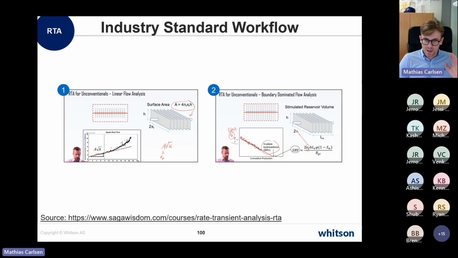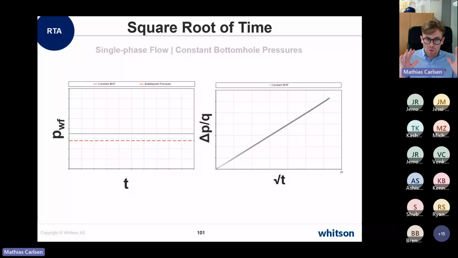And again, it's introduced to try to solve the inherent problems with the industry standard workflows, which is the following. When you're dealing with a well, you can create a simulation model. You can do this in Whitson Plus as well, really fast and simple. Say that you would like to plot this particular square root of time plot right here, constant bottomhole pressure above the bubble point.